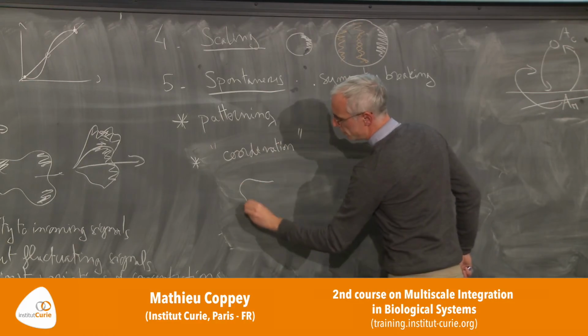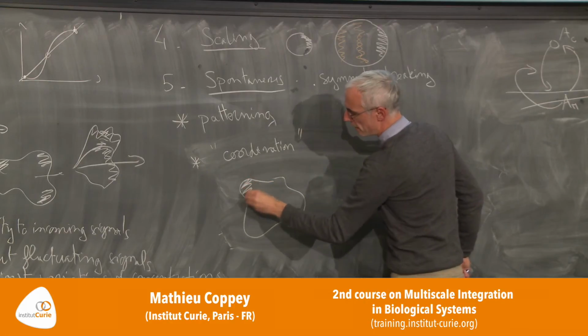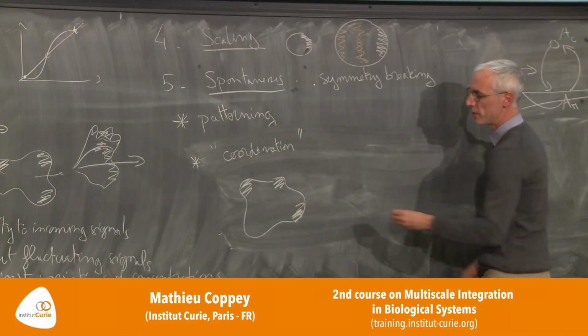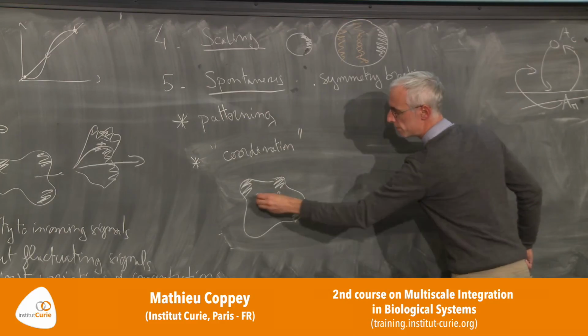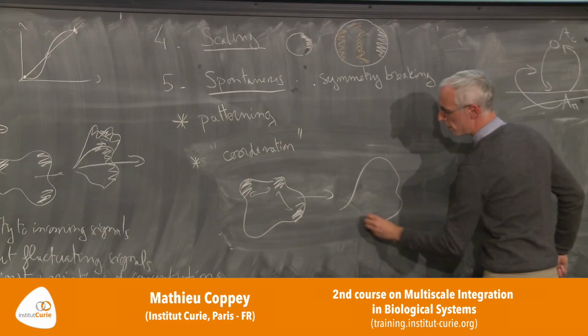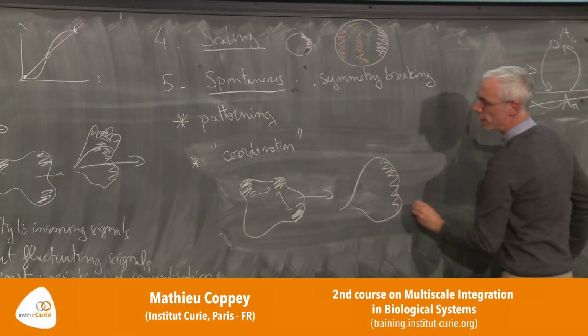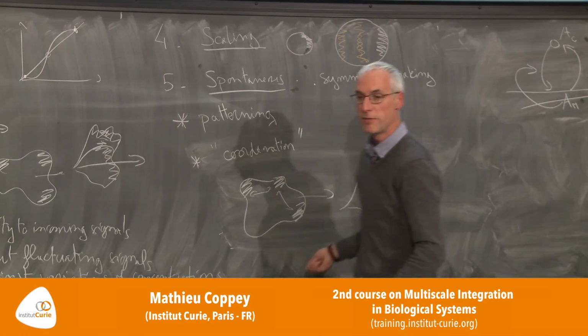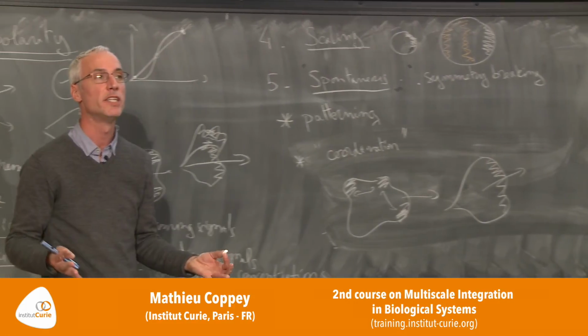What I mean by coordination is that when you have a cell that has several patches of activity, you want all these patches to talk to each other, such that they resolve into just one patch, for example, if it's a cell that migrates, at the front here. So how you can couple these different patches of activity, this is the kind of coordination.